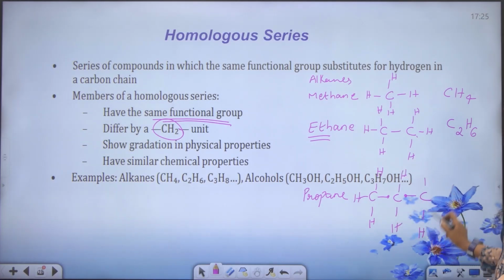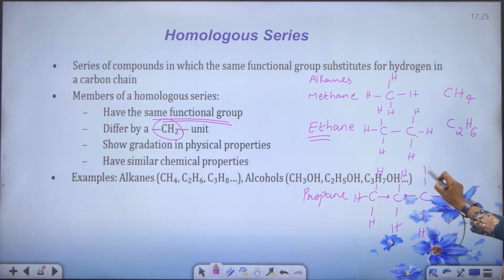Then the third carbon atom satisfies only one valency, remaining 3 valencies satisfied by 3 hydrogen atoms. The molecular formula of propane: total 3 carbon atoms, and total number of hydrogen atoms 3 plus 2 plus 3, that is 8, C3H8.